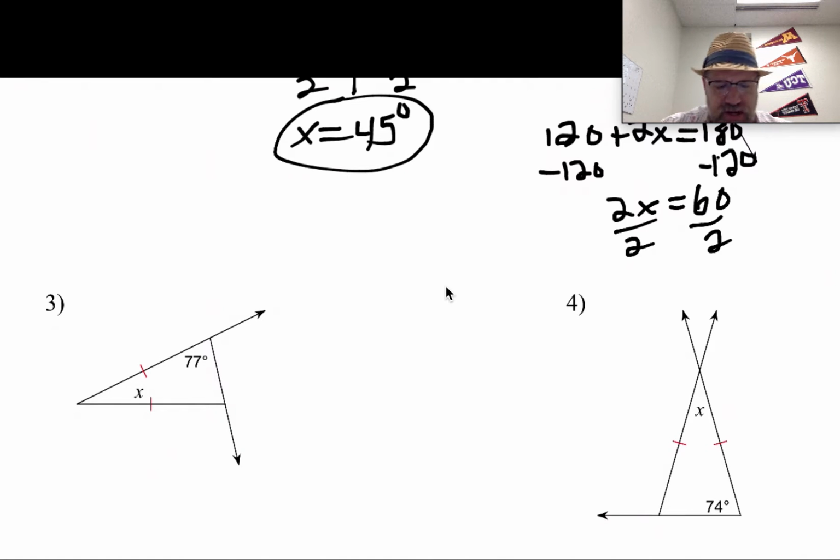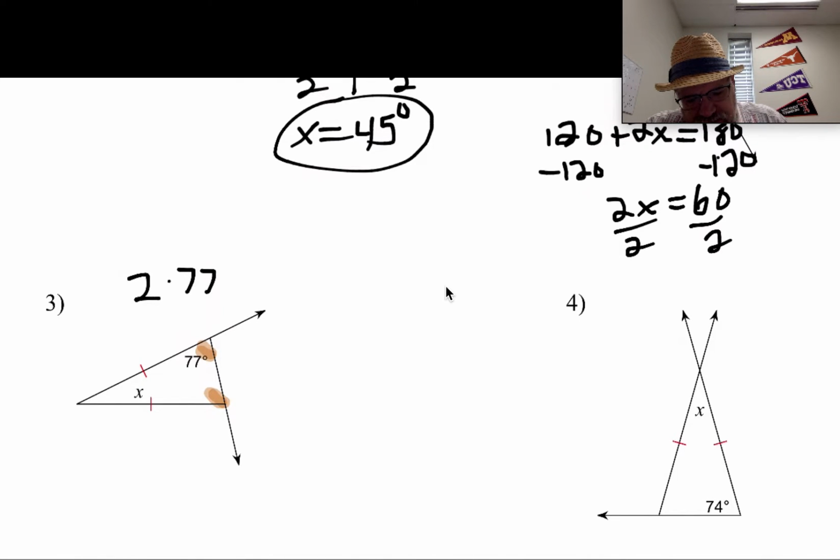It's an isosceles triangle, so we know the two base angles are congruent. So this angle, even though they didn't tell me this angle, I know it's got the same value. Those two are 77, and I'm looking for the other. So I know that I have 2 times 77, because there's two 77s, and if you want to do that in your head, you can, plus the unknown angle will add up to 180.